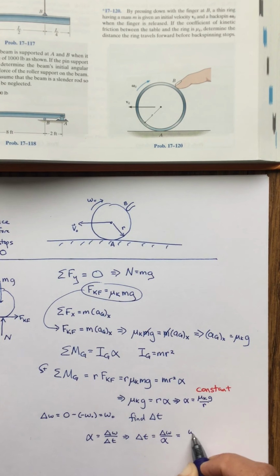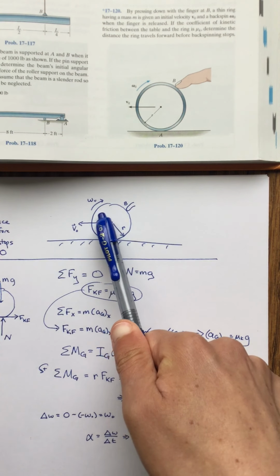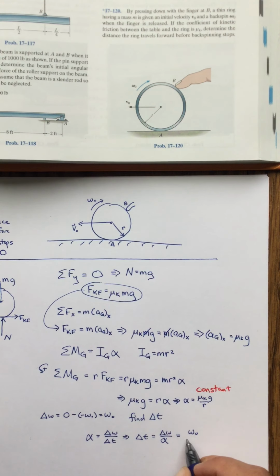The change in angular velocity is omega naught, since this was initially in the negative direction. And then divide that by your angular acceleration. That's r times omega naught divided by mu k g. Okay, and initially if t naught is equal to 0, we can say the time when the back spinning stops is equal to r omega naught over mu k g.